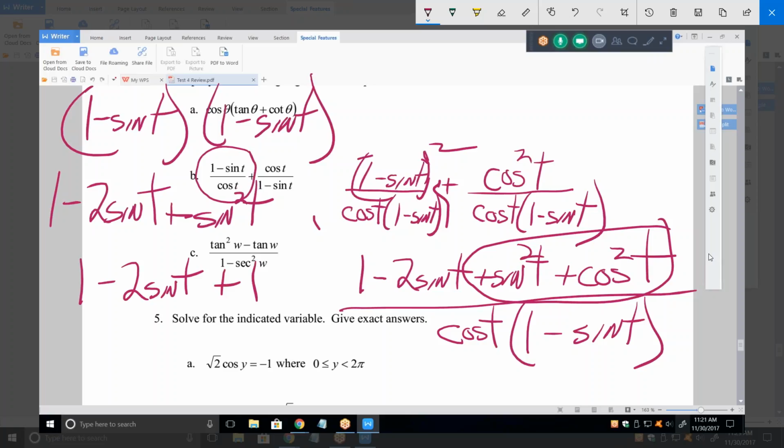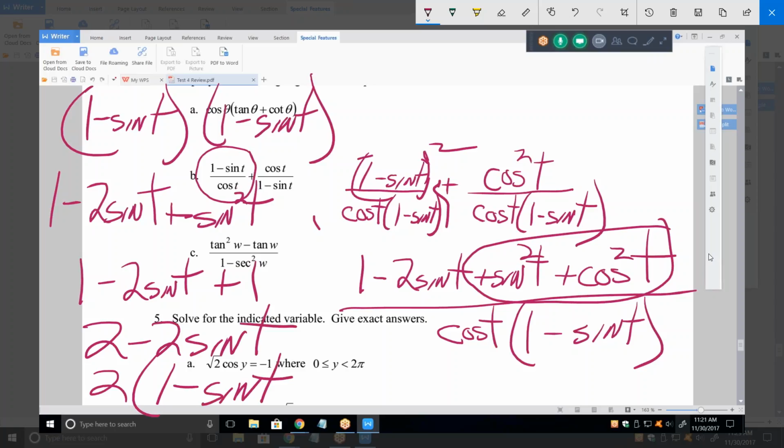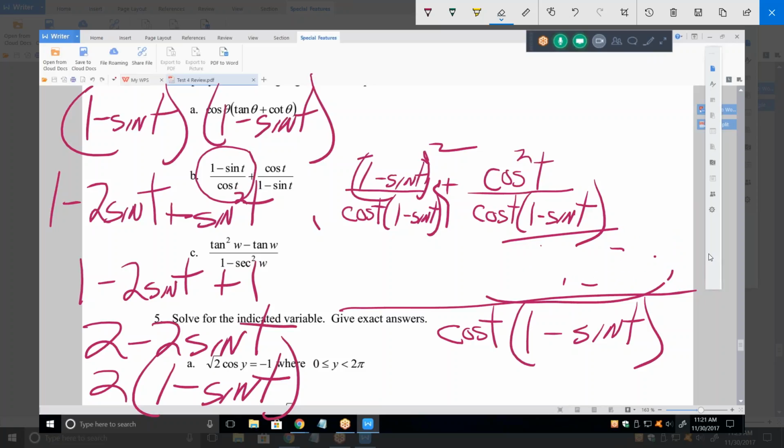What does that become? 2 minus 2 sine t. Factor that. What does that become? 2 times 1 minus sine t. So I can erase this entire numerator and replace it with 2 times 1 minus sine t.